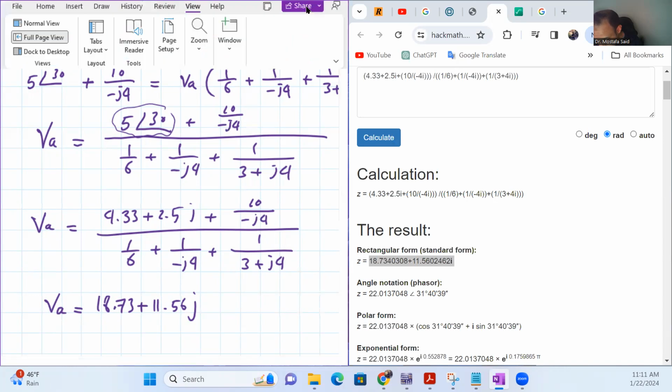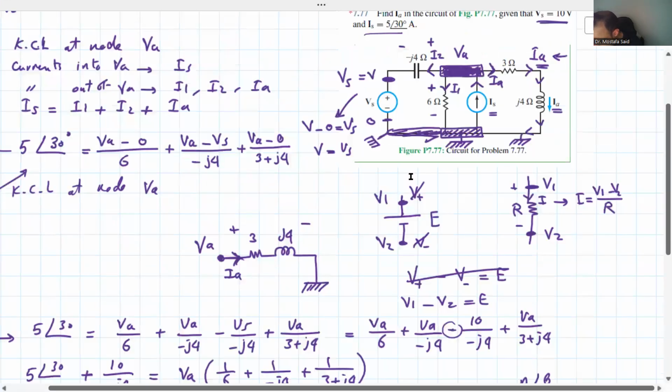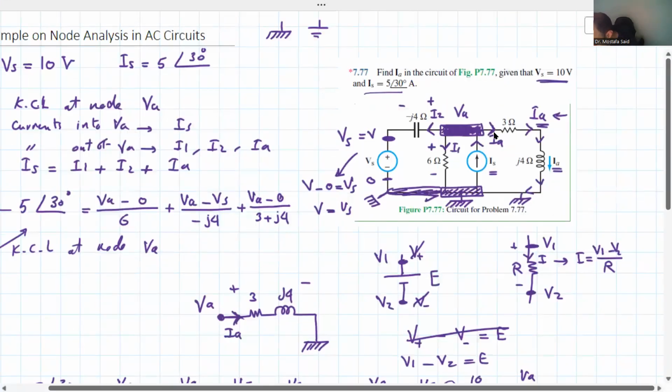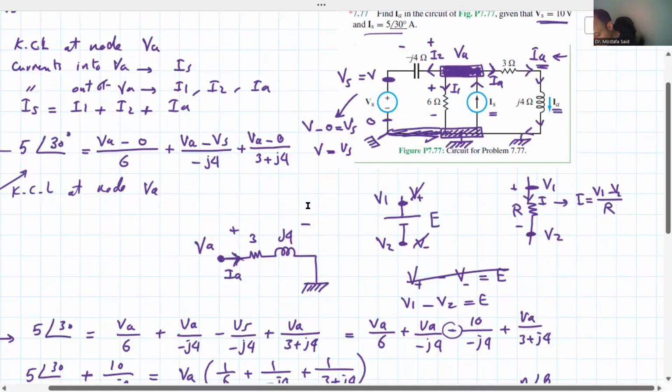Let's bring this back to full screen. The question is actually asking about IA. But what is IA? As we said before, IA is basically the current flowing here. So it is VA divided by the whole impedance of that branch.